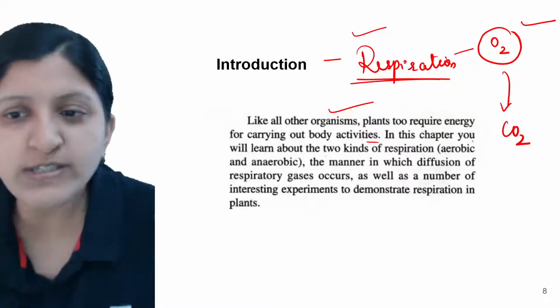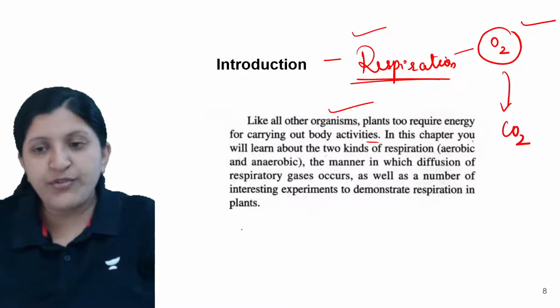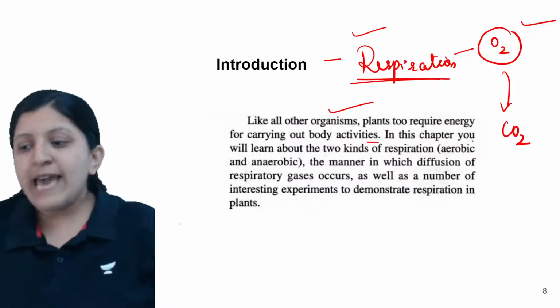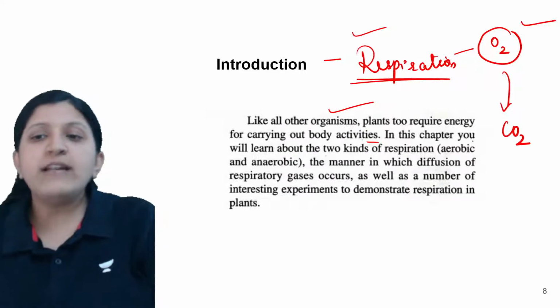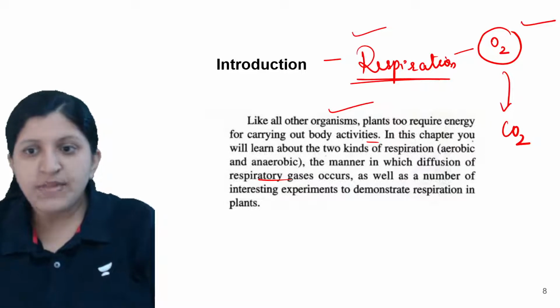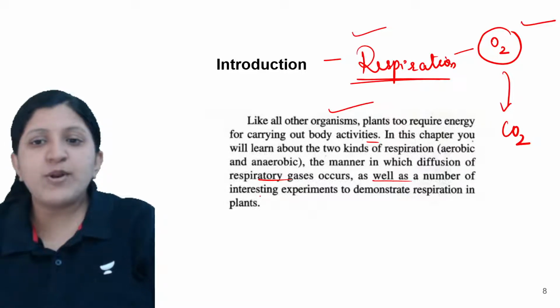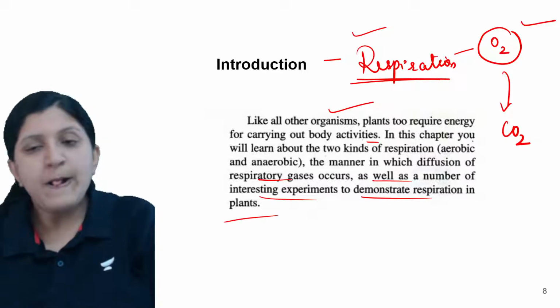In this chapter you will learn about the two kinds of respiration, aerobic respiration and anaerobic respiration, and the manner in which diffusion of respiratory gases occurs. A number of interesting experiments to demonstrate respiration in plants are also mentioned here.